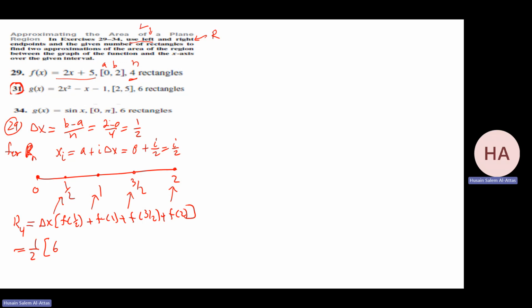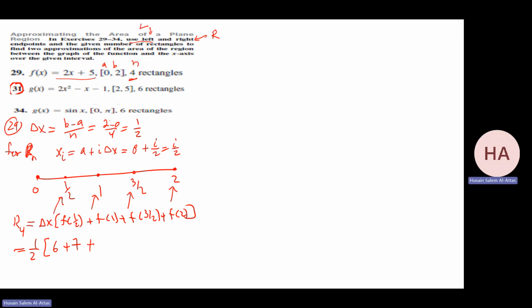F of 1 will be 7. F of 3 over 2, that will be 6 plus 5, that will be 11. F of 2, is it... no, this is 8.